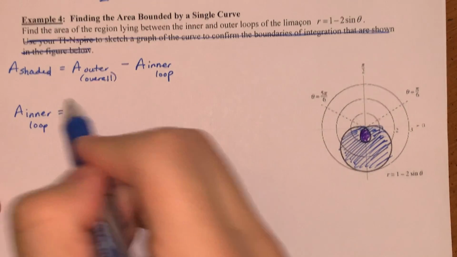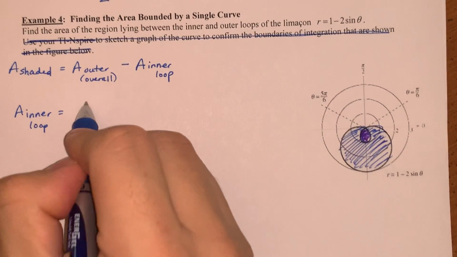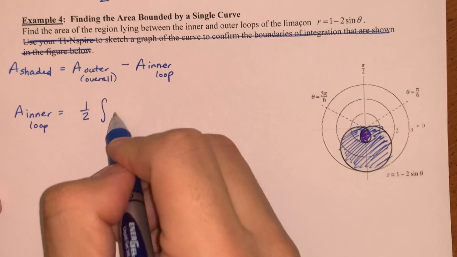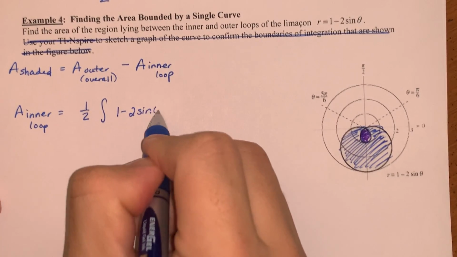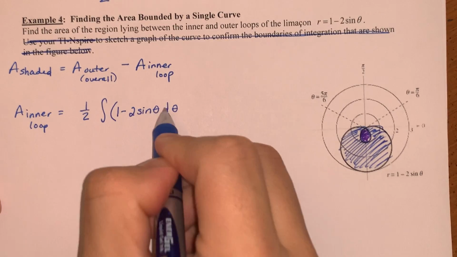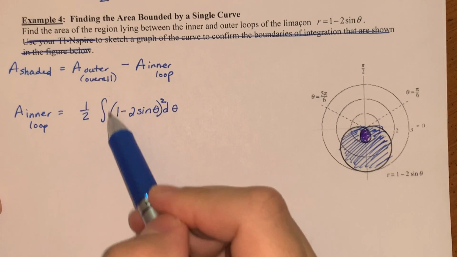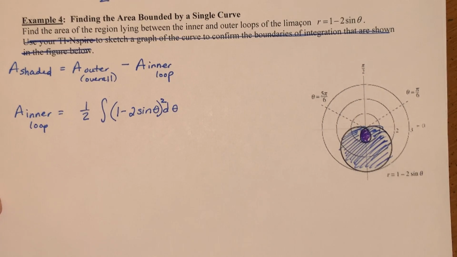The setup is pretty simple. It's going to be 1/2 integral of our function, 1 minus 2 sine theta, all of this squared, d theta. But the bounds are what's really going to make this difficult.